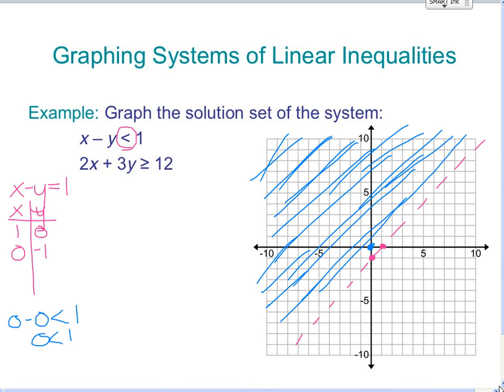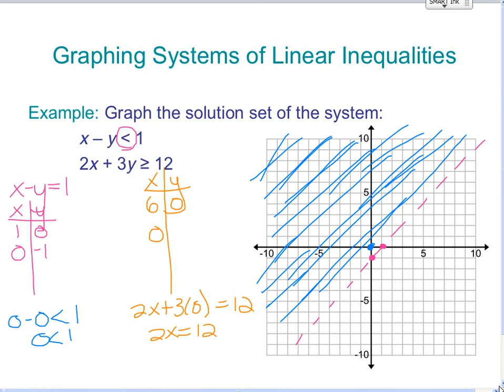Second inequality, got to graph that too. Again, it's in standard form, so plug in 0 for x and y separately. I plug in 0 for y, I have 2x plus 3 times 0 equals 12. Remember, when we're doing our points, we want it to be equal. 2x equals 12, or x equals 6.